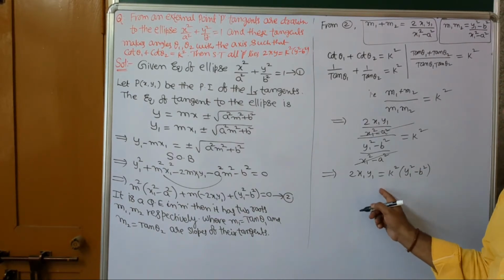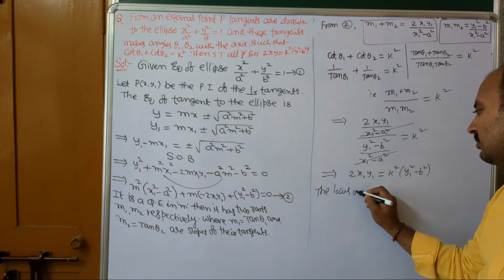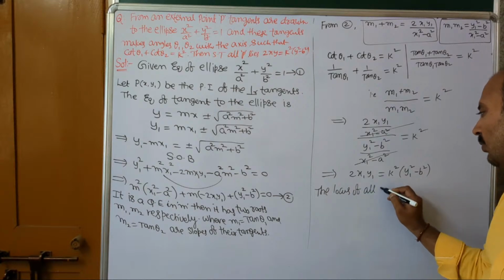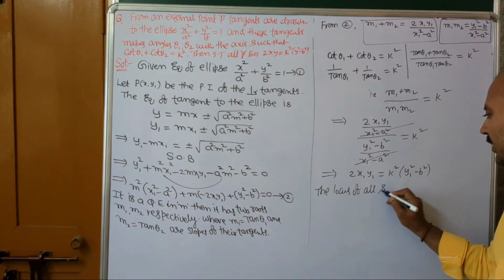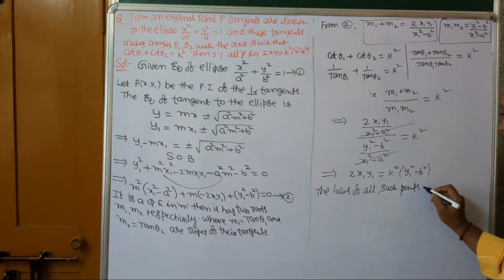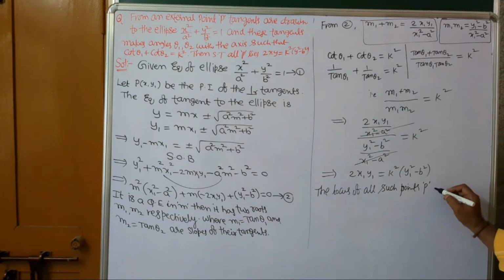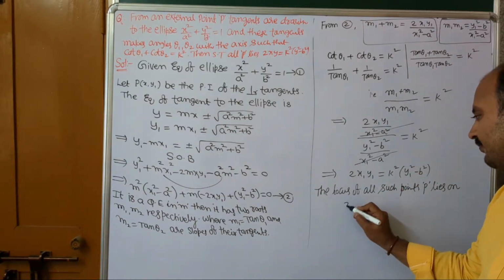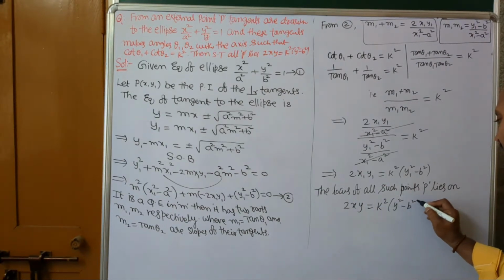If we remove x1 y1, the locus of all such points P lies on 2xy equal to k square into y square minus b square.